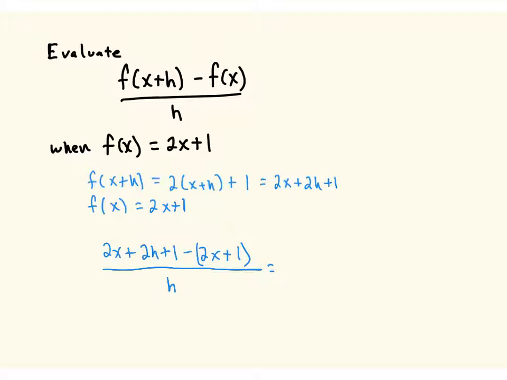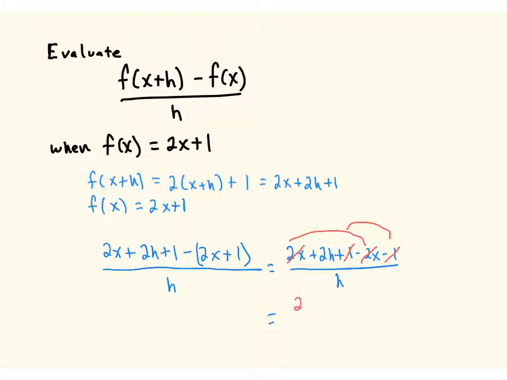Now if we follow order of operations, we have this, then we have minus 2x minus 1 over h. Now if we notice that we have 2x minus 2x, and we have 1 minus 1, so those will cancel to 0, or sum to 0 if you want to look at it as that.